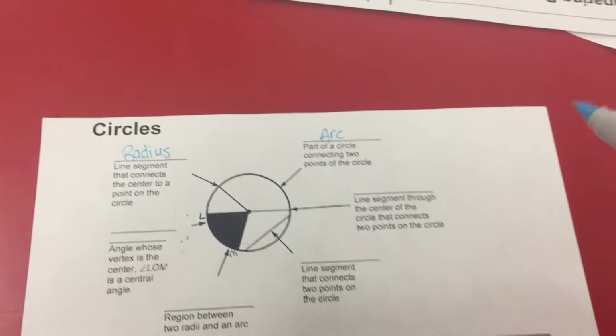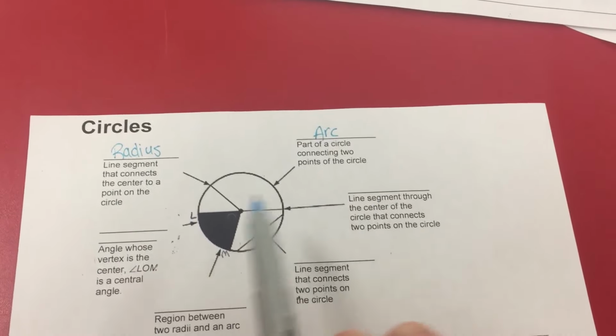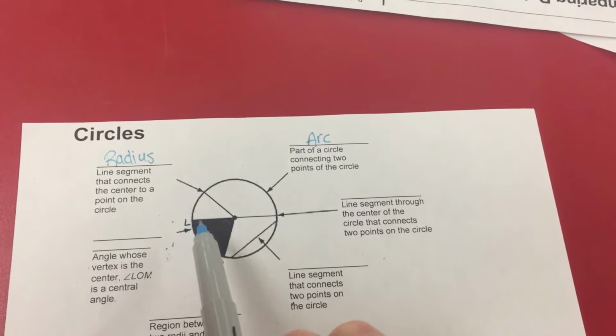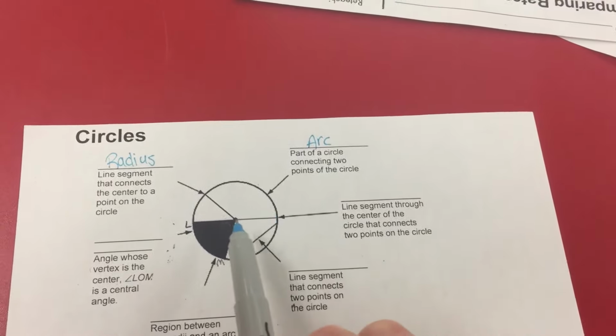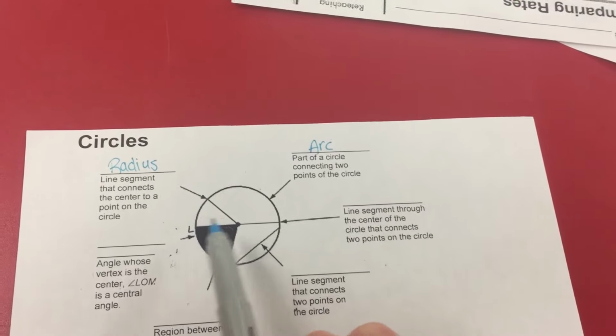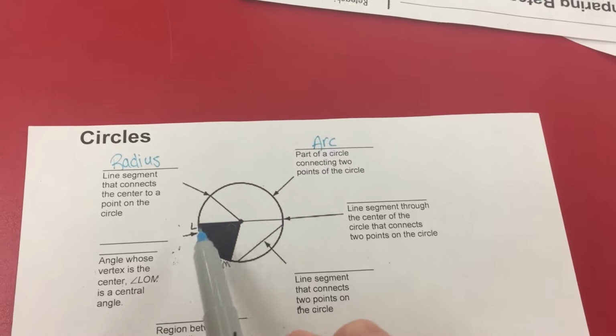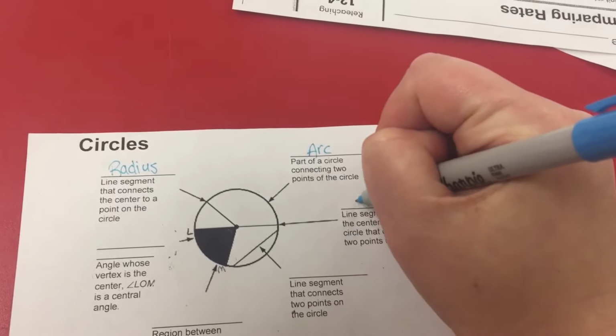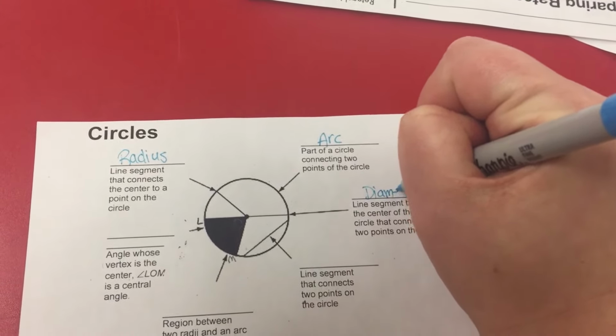The next one is kind of like the radius, except it's a little bit different. It's a line segment that passes through the center, has to pass through this middle, that connects 2 points on the outside of the circle, and we're going to call that a diameter.